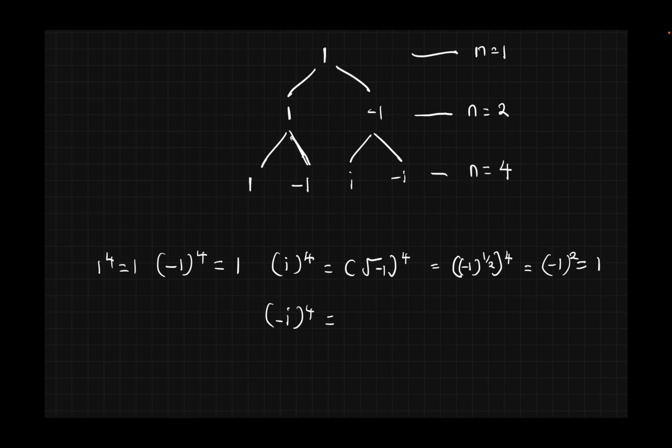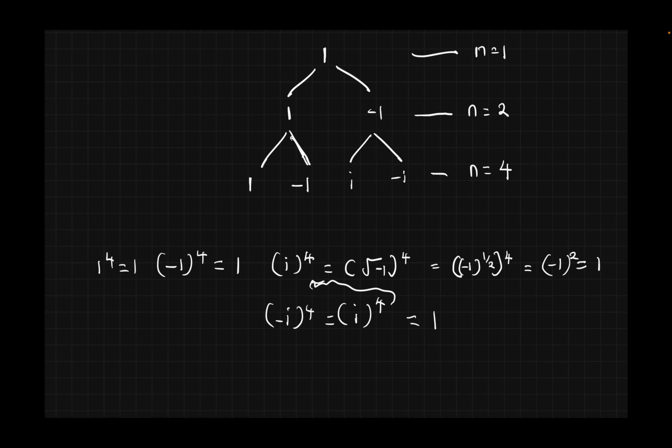Then you have minus 1 times I, everything to power 4. Then you do minus 1 raised to power 4, then I raised to the power 4. I squared times I squared. So at the end of the day, it falls back to 1. Do you get? So now all values there, raised to the power of 4, equal 1.